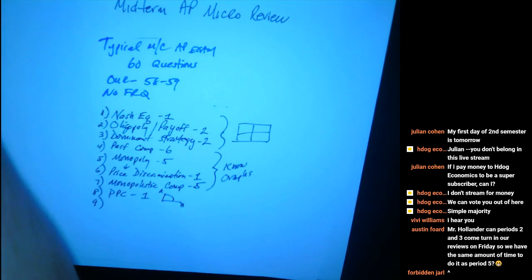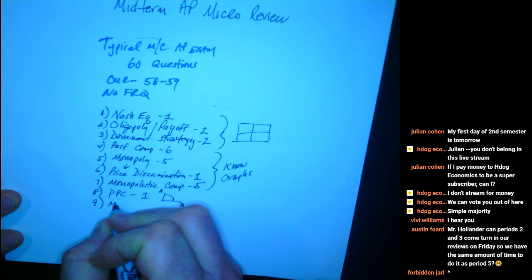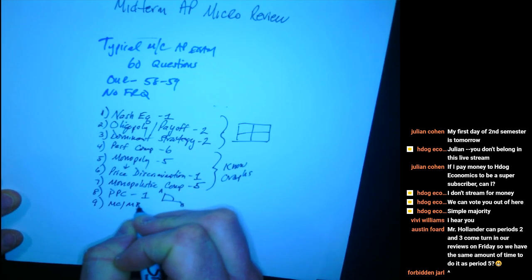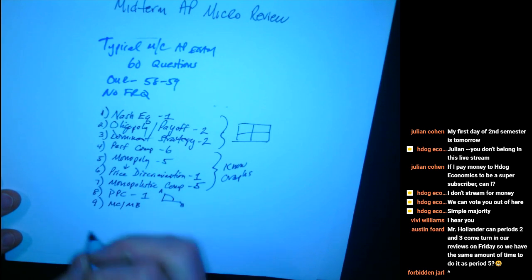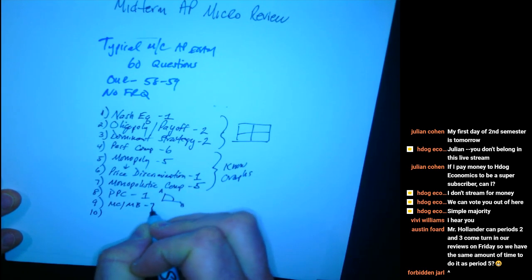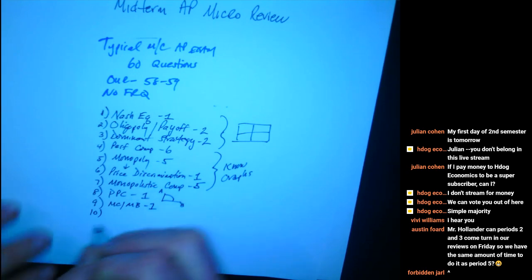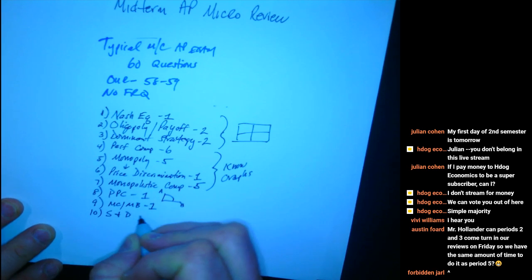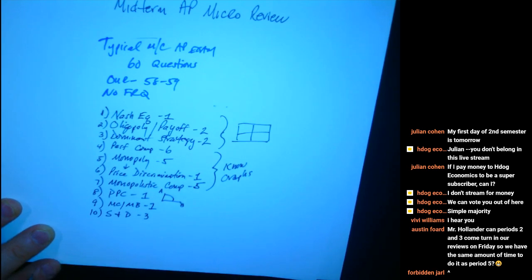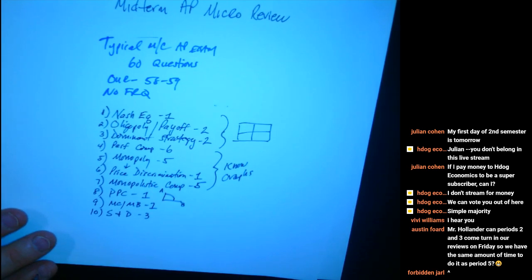Let's also start with marginal cost and marginal benefit. That's important. One question on that. Supply and demand, just simple supply and demand. There are 3 questions on supply and demand.